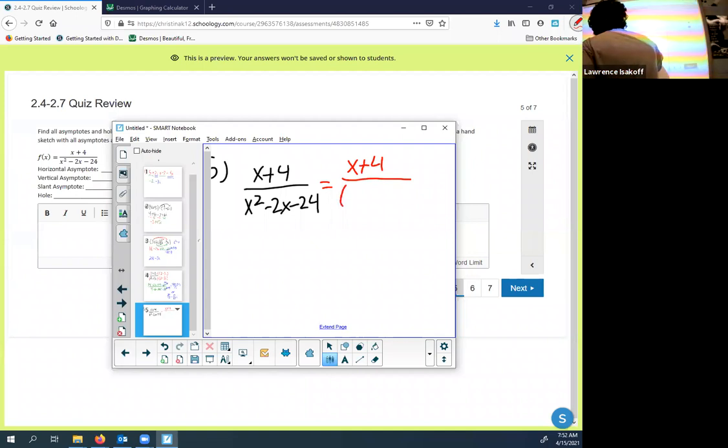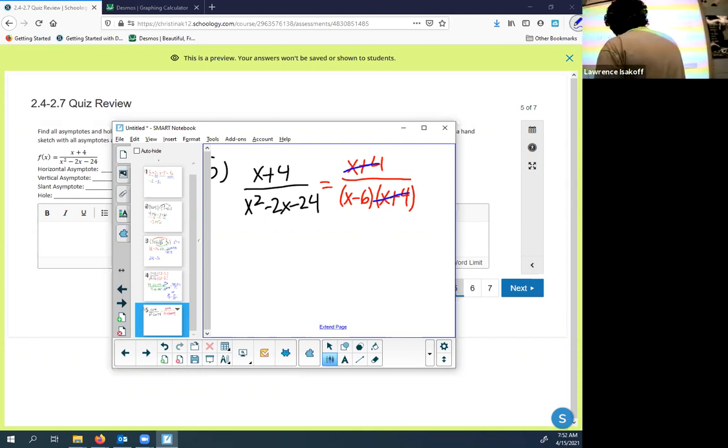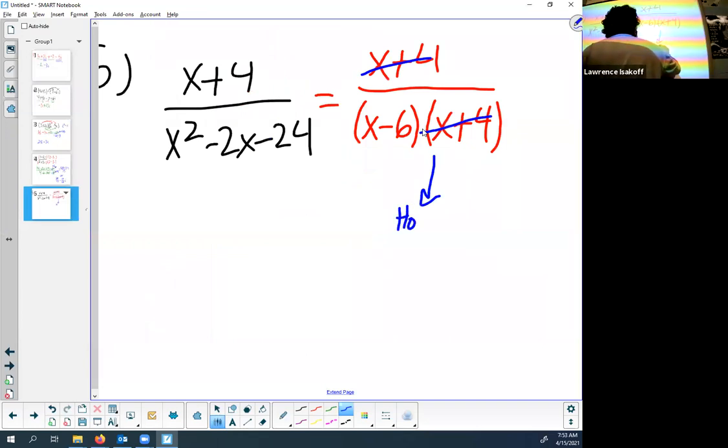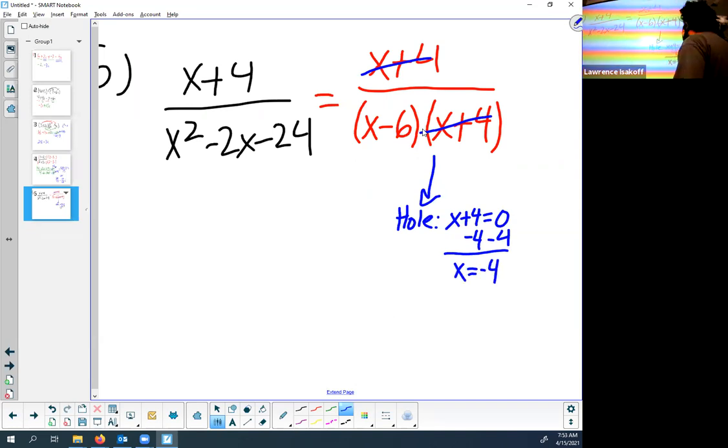So that will end up being x minus 6 times x plus 4. What I notice here is x plus 4s will cancel, right? So remember, that says there is a hole when x plus 4 equals 0. So I do have a hole at x equals negative 4. That's because this will reduce to 1 over x minus 6.